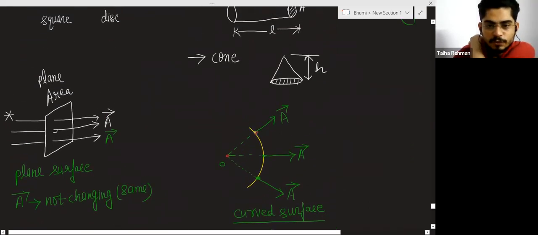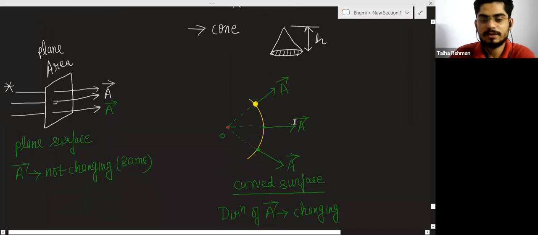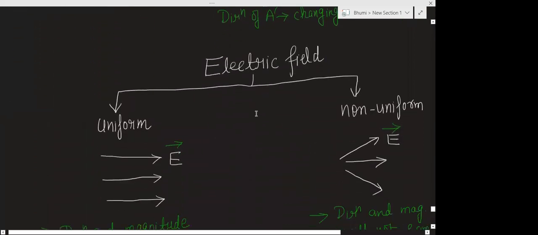See here, if you want to calculate the direction of the area vector, you will draw a straight line from the center to that point.